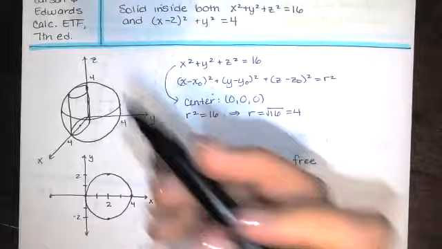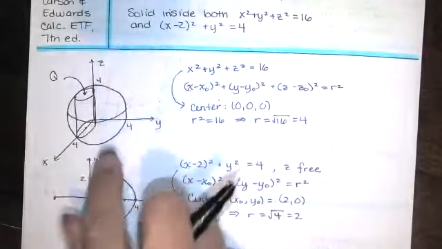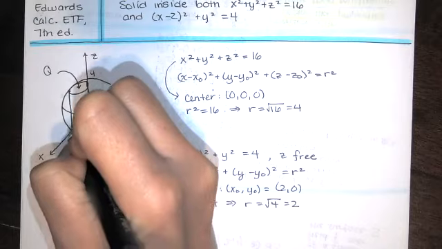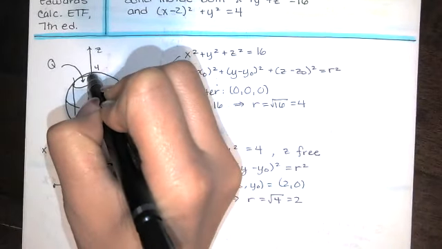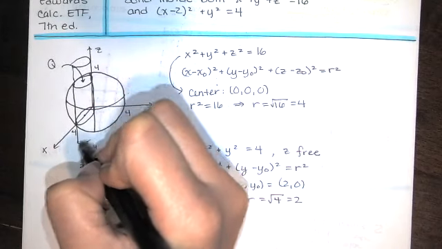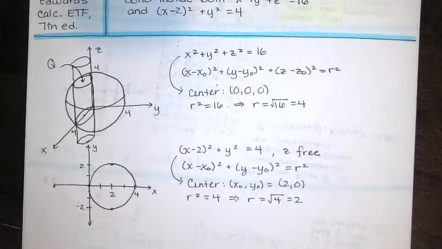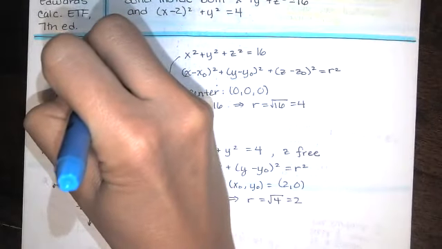So the solid region that we're interested in is inside that cylinder, but also inside the sphere. And that cylinder is going to go all the way down as well. It's going to go beyond that sphere. The solid region Q is inside the sphere only. So this is Q.